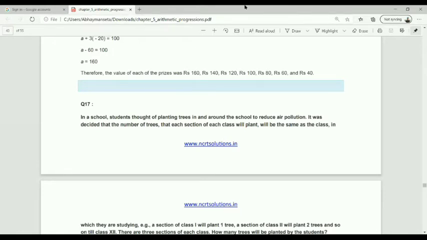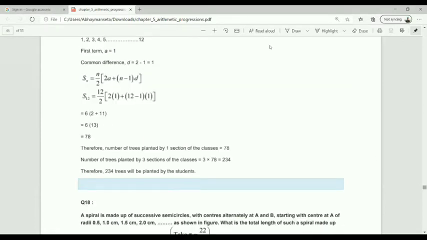Is it clear? So now we have to multiply by 3. Our answer is 78, the number of trees planted by one section. Each class has 3 sections, so we have to multiply our answer by 3.